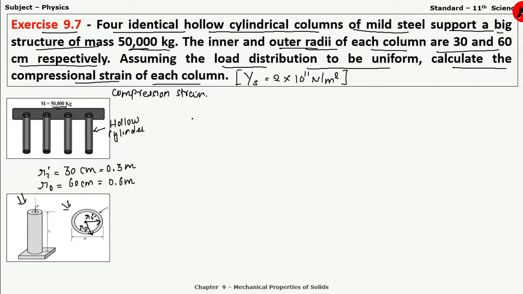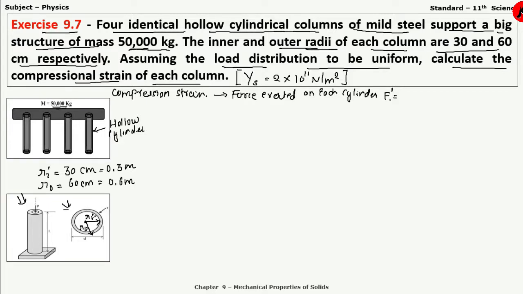Before calculating the compression strain, let us first calculate the force exerted on each cylinder, which is defined as F dash. The total mass is 50,000 kg, and from mass we can easily calculate force.